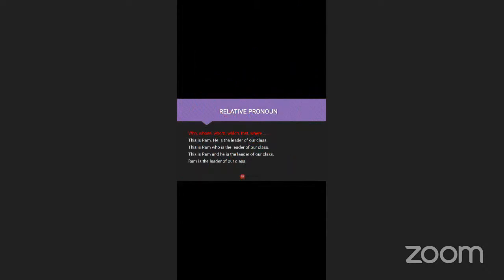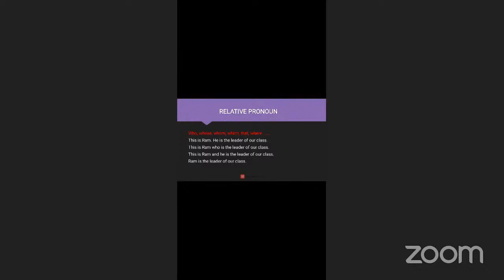When we combine sentences using relative pronouns, sentences will be simple or compound or complex. What is your idea? When we add relative pronouns, sentence will become phrase or subordinate clause or main clause. That will be only subordinate clause.